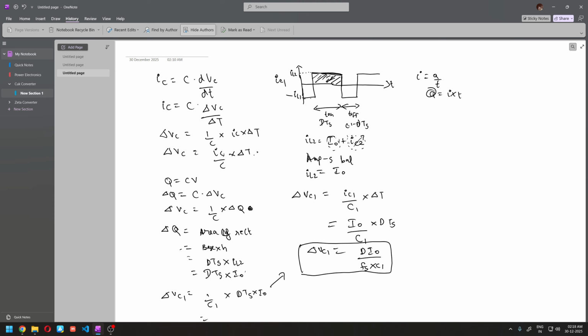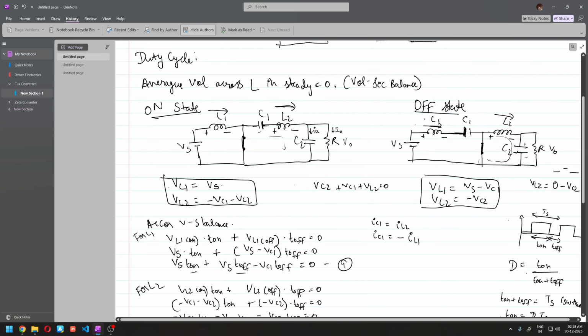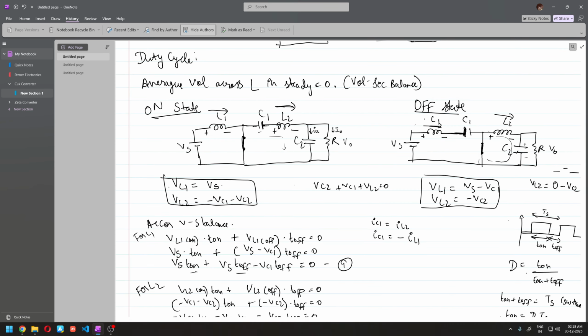Now moving on to the second one, let's go back to the circuit. We need to look at the second capacitor now. So let's write the equation. This was for the earlier one. Now let's look at the current through the second capacitor. In the on state, since the KCL is always there, this is your IL2.